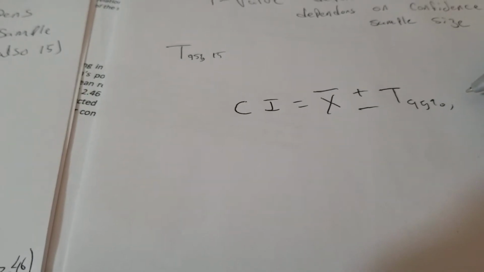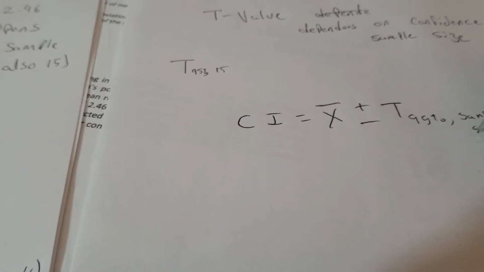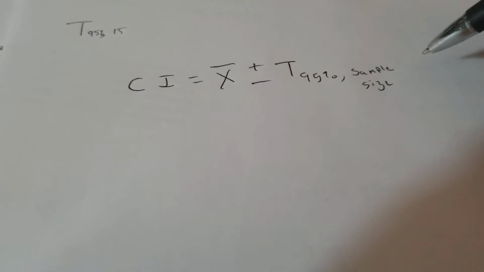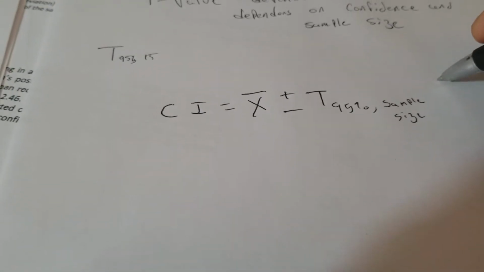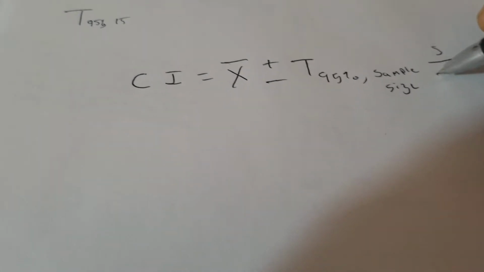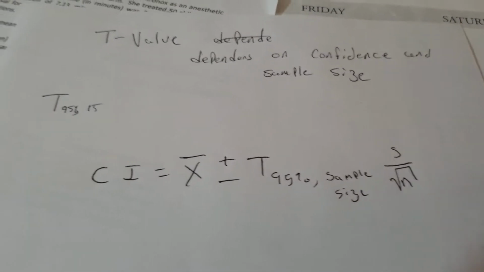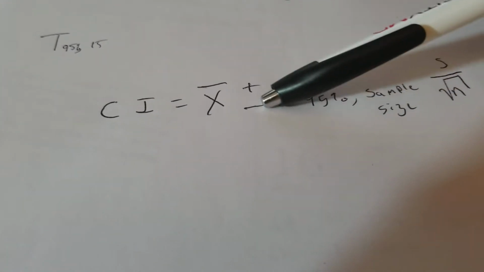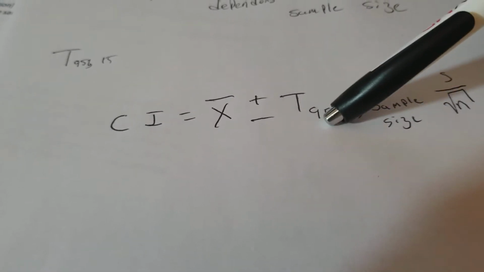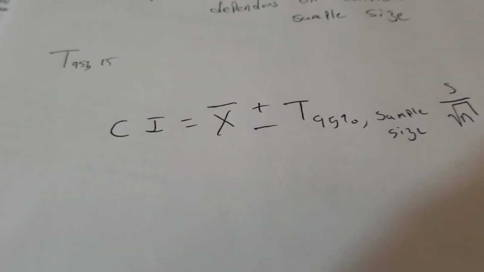But over here we're going to have another variable, which is my sample size, and from here we get something called degrees of freedom. Everything else is going to be the same. So it's going to be s, the sample standard deviation, divided by the square root of n. Now the main thing here is, how do you get this t? Well, this t is going to be based on the 95% confidence level and my sample size.